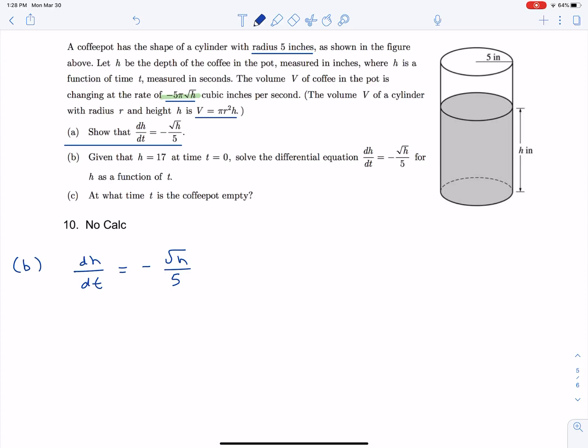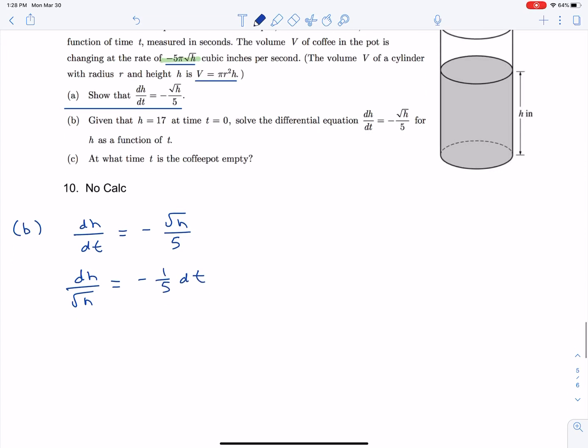So I can say dh divided by the square root of h equals negative 1/5 dt. Before I integrate, I'm going to rewrite this a little bit: h to the negative 1/2 dh equals negative 1/5 dt.